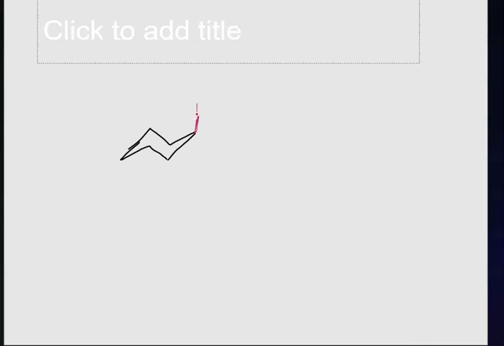So we have one, this carbon atom. All the axial hydrogens have to be perpendicular to the ring. Here we have the 6 axial hydrogen atoms. The equatorial ones are the ones that point towards the equator.